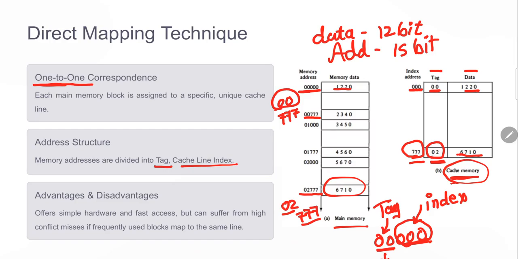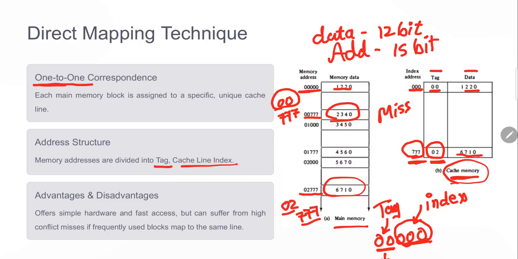Here it's 02 and here it's 00. Both are not matching, so it's a miss. Then it accesses the main memory, the data is brought from main memory, and the CPU accesses that data. The 02 entry at location 777 is replaced by the data available over here.